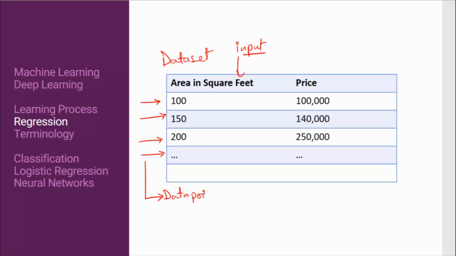So we have our data set, our data points, we have our inputs, and this over here is our output that the machine is supposed to learn to predict. For instance, we have these three examples over here. We can take two examples and put them in the training set, and take this one over here and put it in the test set, right?